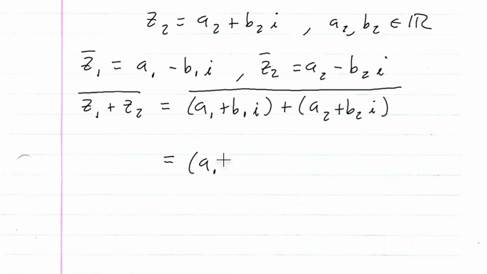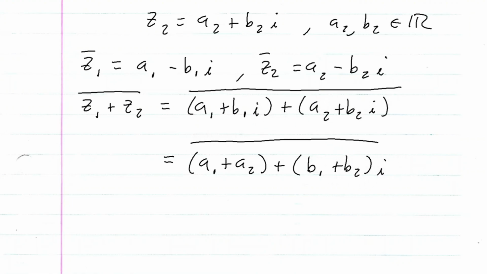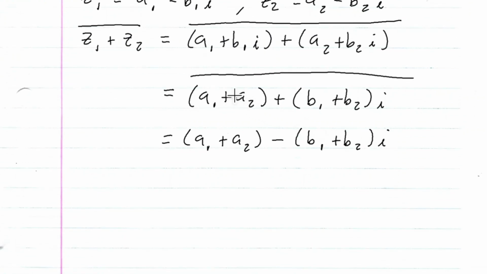So this will be a1 plus a2 plus b1 plus b2 times i. So we'll make sure to factor out the i from both of these, because when we have it in this form, we know the conjugate of this is just a1 plus a2 minus b1 plus b2 times i, right? Since real numbers are closed under addition, this is just a real number and a real number. Since it's of that form, we know the conjugate of this is going to be this.